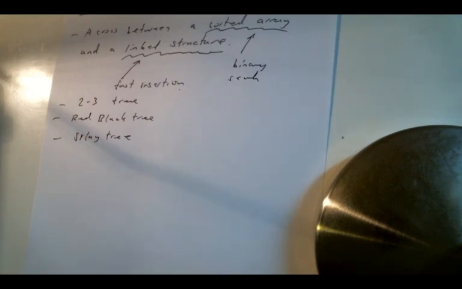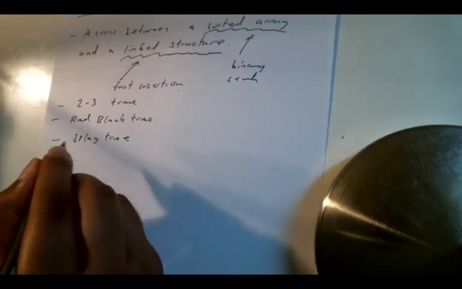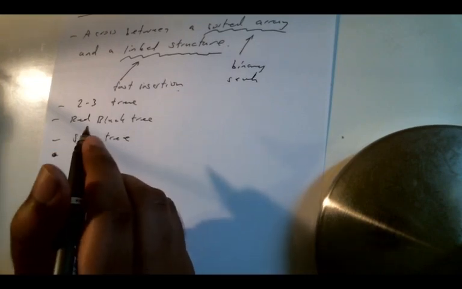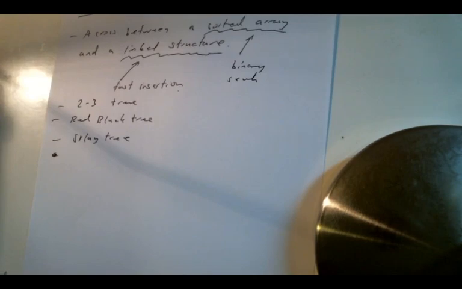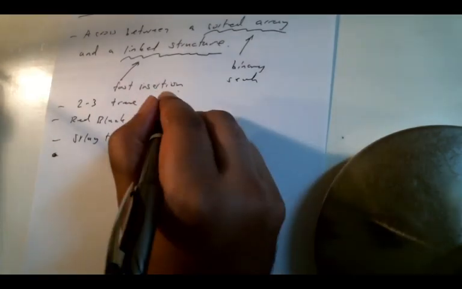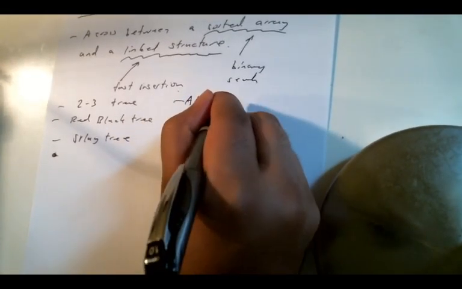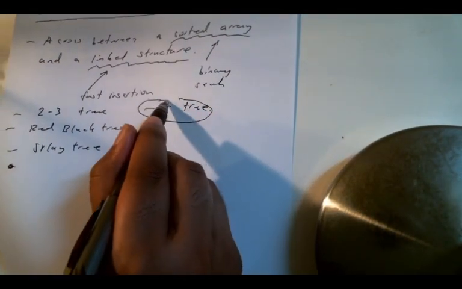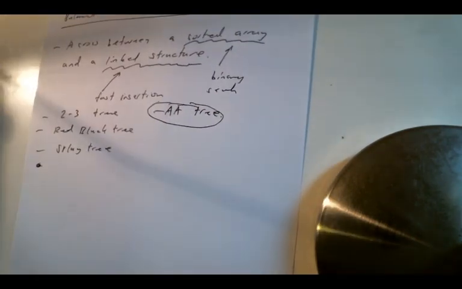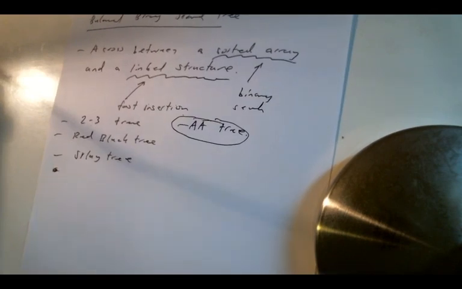There are many more. The B tree, and AA is another one, the AA tree. There's a nice implementation in Python of an AA tree in the book Python Algorithms. I encourage you to look that up and implement it yourself and play with it.